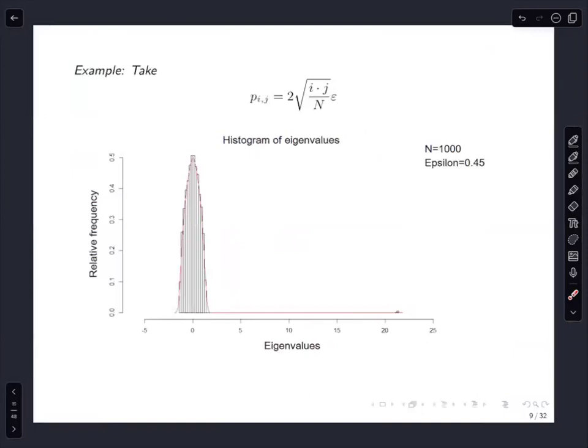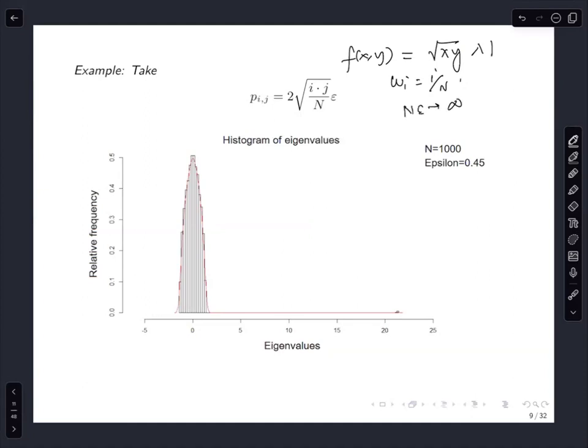So let us see a somewhat more complicated function. For example, here f(x,y) is the square root of xy, minimum 1. The weights are, as usual, just the usual weights w_i by n. Again, I'm in the case when n epsilon goes to infinity.